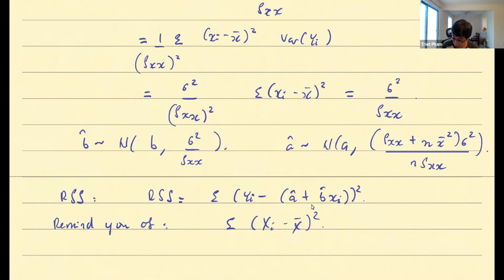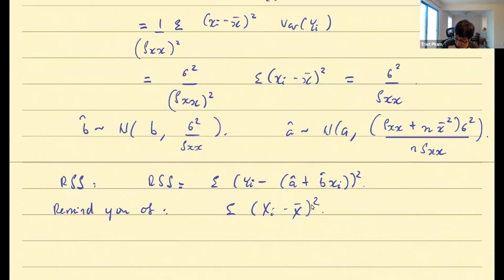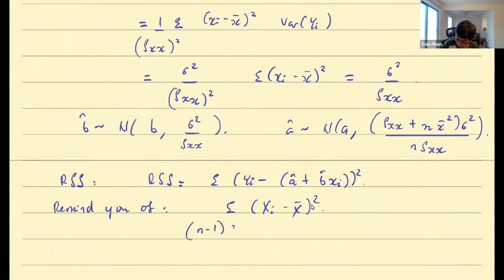So anyway, the point is this is a chi-square, right? Remember that we have the result that n minus 1 s squared over sigma square is going to have a chi-square n minus 1 distribution.